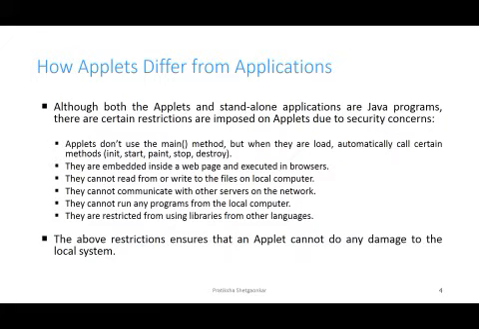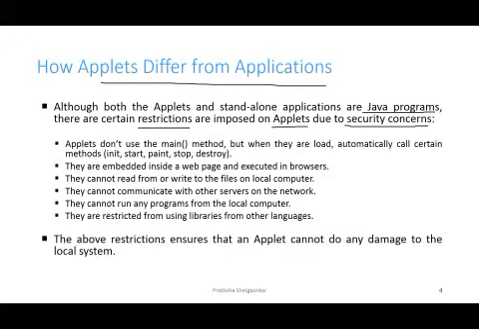Now we will see how an applet differs from the Java standalone application. Although both applets and standalone applications are Java programs, there are certain restrictions imposed on applets, because applets can be transmitted via the internet to any machine anywhere in the world.